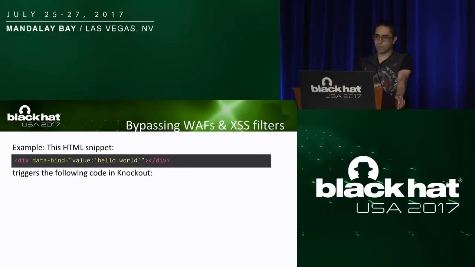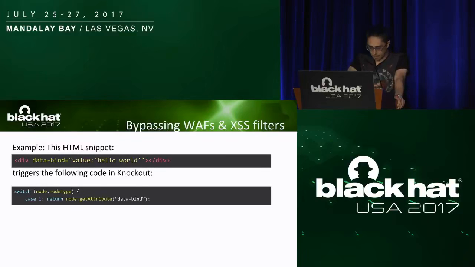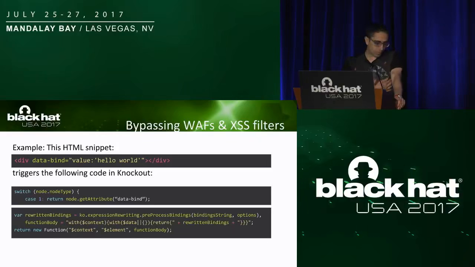What this snippet triggers in Knockout is several gadgets. The first gadget is a fairly simple one. It just gets the content of the data-bind attribute and assigns it to some variable in the application. Later on, Knockout creates a JavaScript function. In the body of that function, there is the hello world expression.